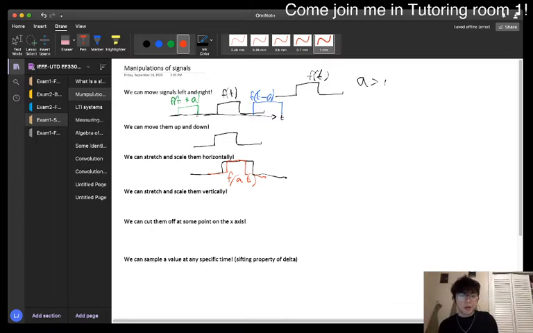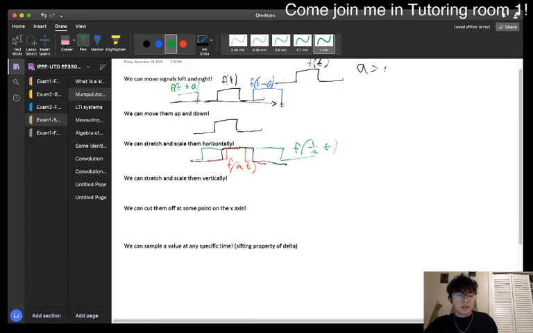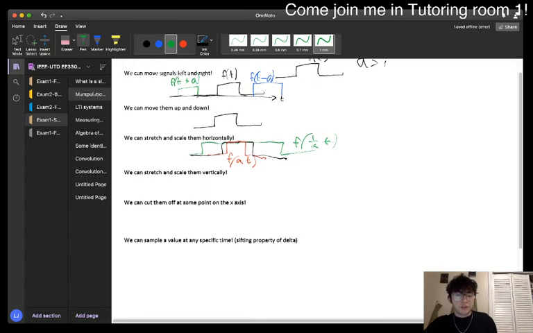And we can also make them bigger by dividing our time variable. So this one would be f of 1 over a times t. Remember, a is just some positive number greater than 1 here, for all of these illustrations. And then we are also able to stretch and scale them vertically just by using standard multiplication.